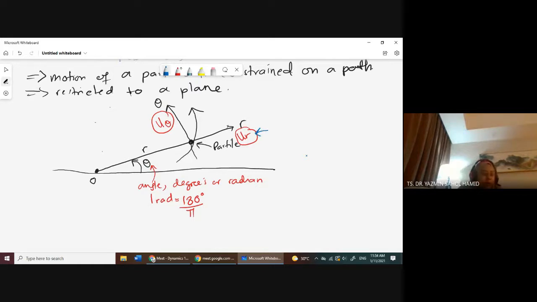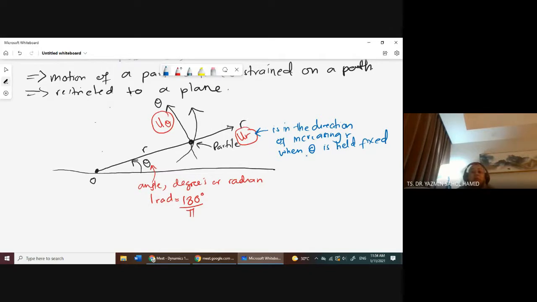Okay, so ur is in the direction of increasing r when theta is held fixed.